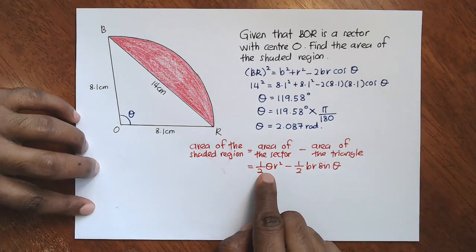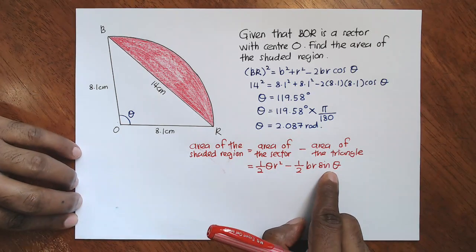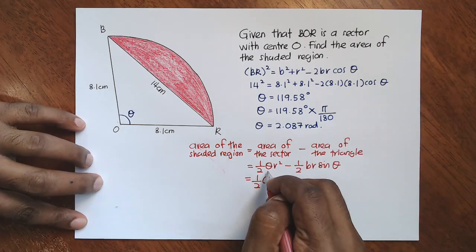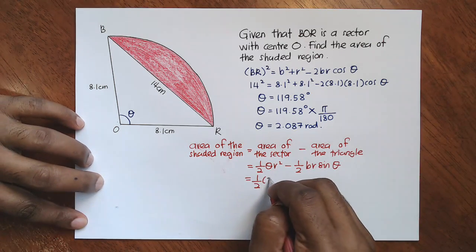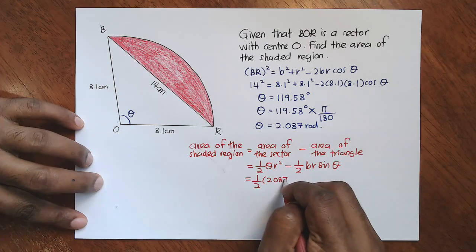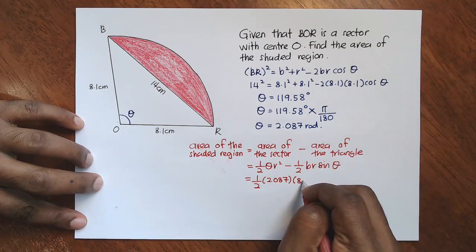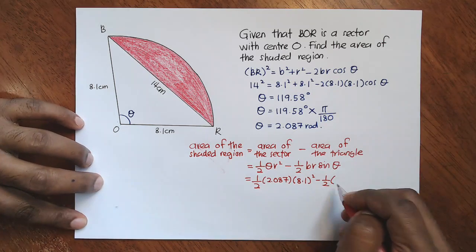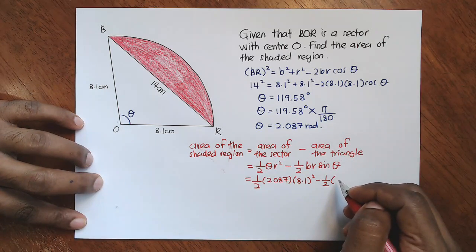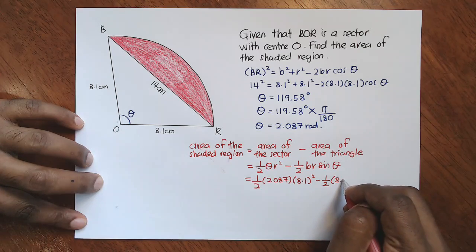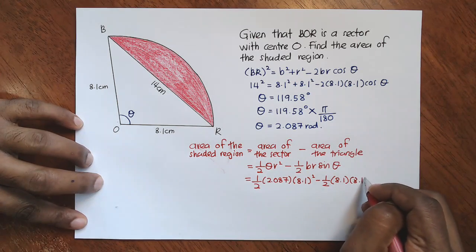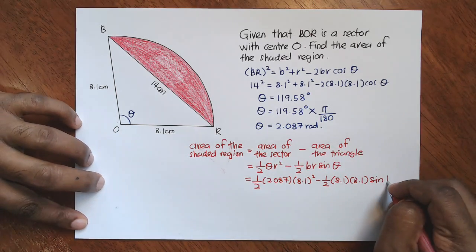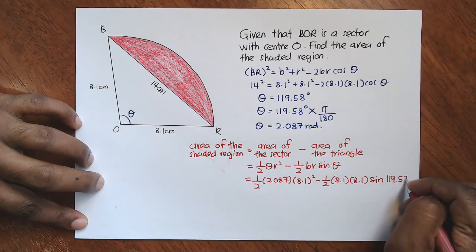Remember, for the sector this theta must be used in radians, and for the triangle this theta must be used in degrees. That's how the formula works. So 1 over 2 times 2.087 times 8.1 squared minus 1 over 2 times 8.1 times 8.1 times sine of 119.58 degrees.